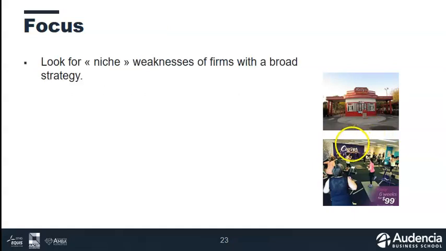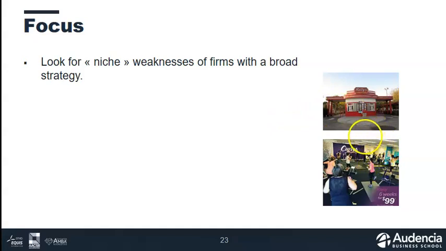Now, what about focus strategies? Focus strategies are looking at niche weaknesses of firms with a broad strategy. So we say, hey, there's a grocery store chain, or McDonald's, for example, a hamburger chain. We can compete, have stores everywhere, but maybe I can compete better by focusing my activity and not trying to be everything that McDonald's is.